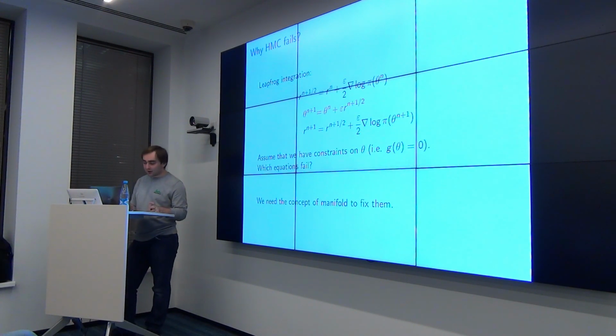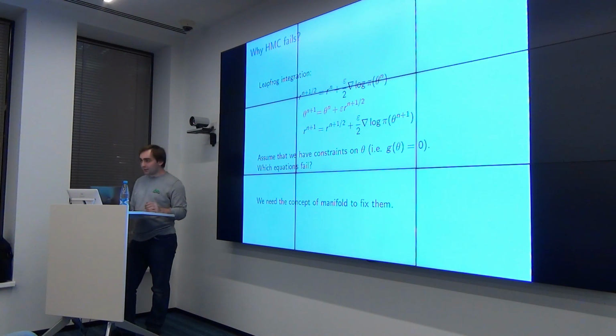And why is that? Because assume that theta n is, for example, an orthogonal matrix. Then we add epsilon r, and r is quite an arbitrary matrix, and the result of this addition won't usually be an orthogonal matrix. And so we violate our constraints. And why does it happen?